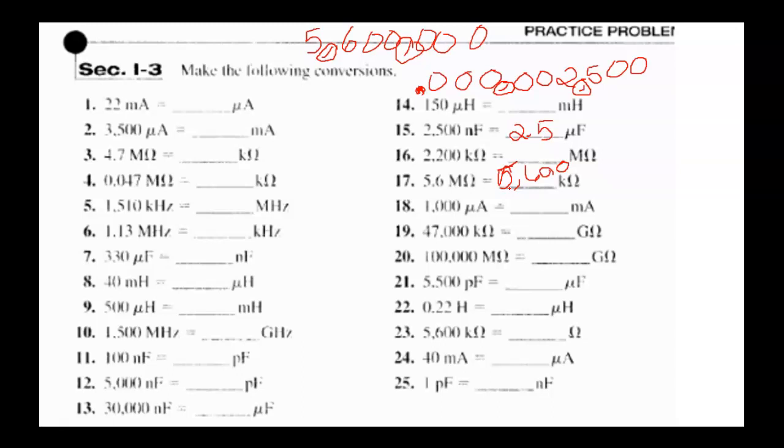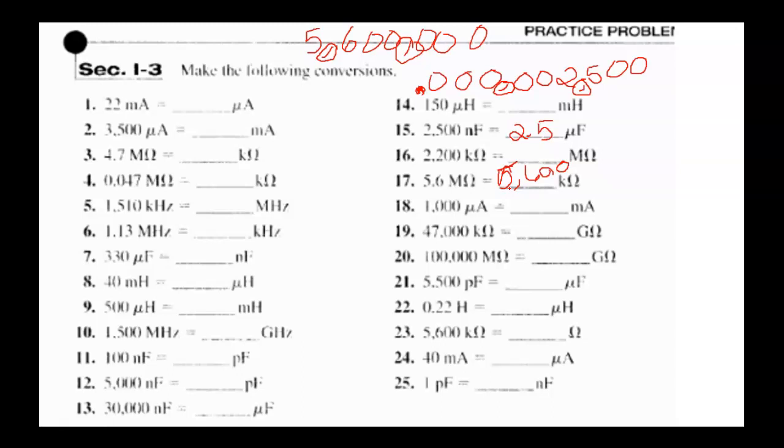Then I'm going to look at my chart and say, I'm going from mega, which is how many spaces have I moved that decimal forward? I've moved it 6 spaces forward to get that decimal between my 5 and my 6. Does that make sense so far? Is everybody following so far? In order to get it there, I've moved my decimal point 6 times to get it here.